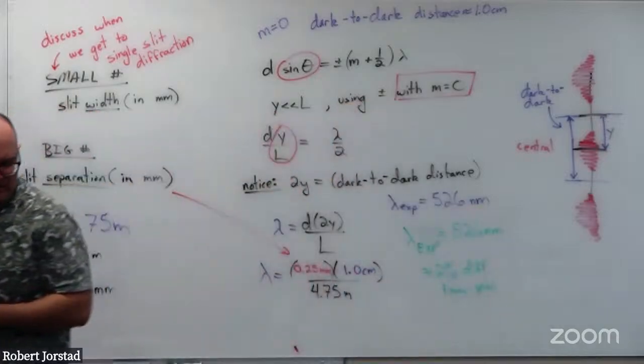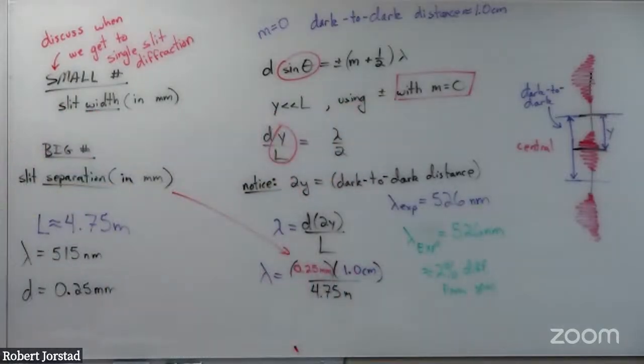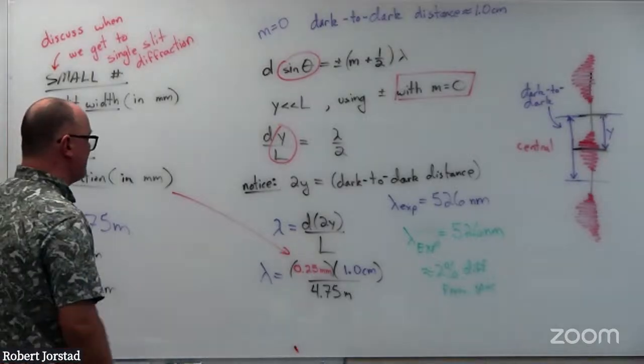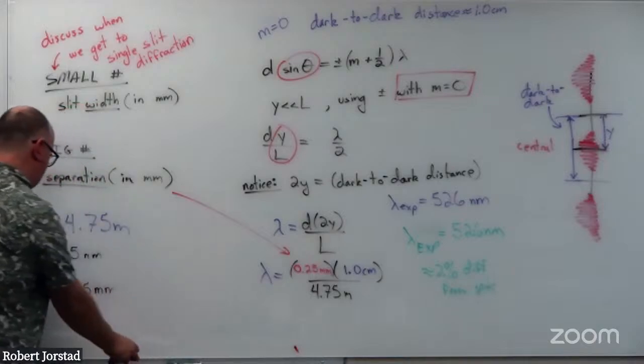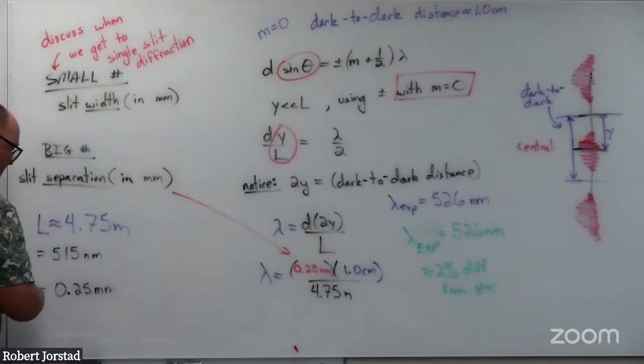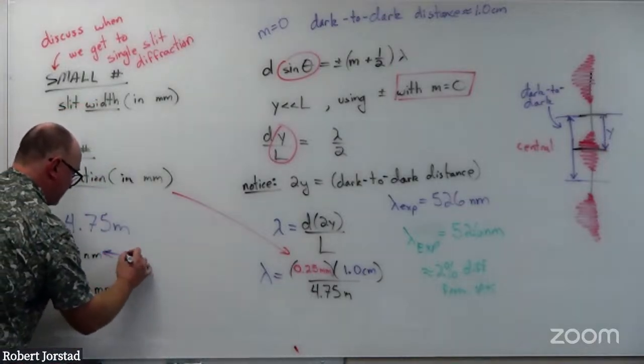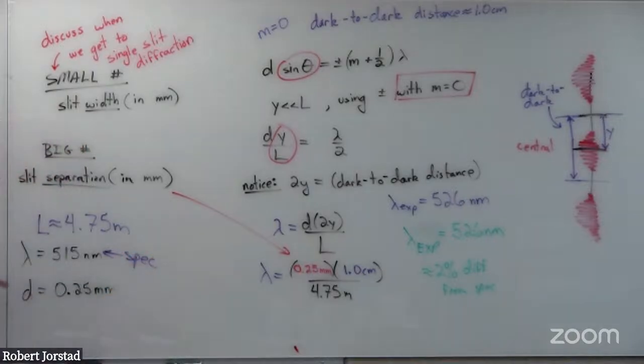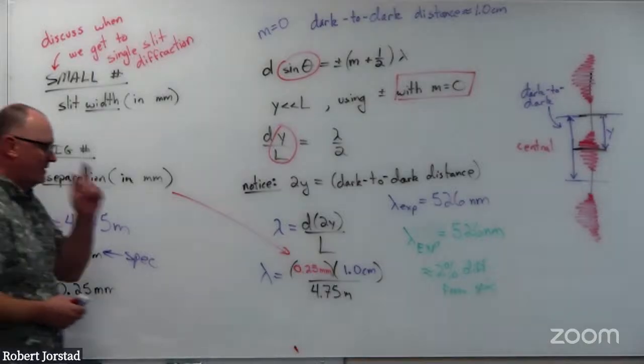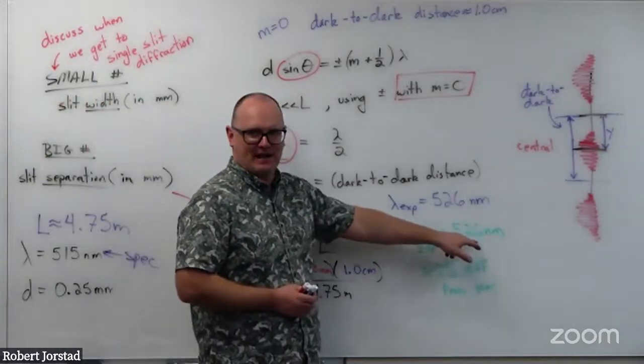Let me check my rounding. Where's my calculator? Come on. I had this somewhere. Yeah, 526.3 or something like that, which at first glance looks like it's quite off. This is the manufacturer's spec. So according to the manufacturer, that laser is putting out 515 nanometers, which, okay, we're off by 10 nanometers out of 500.